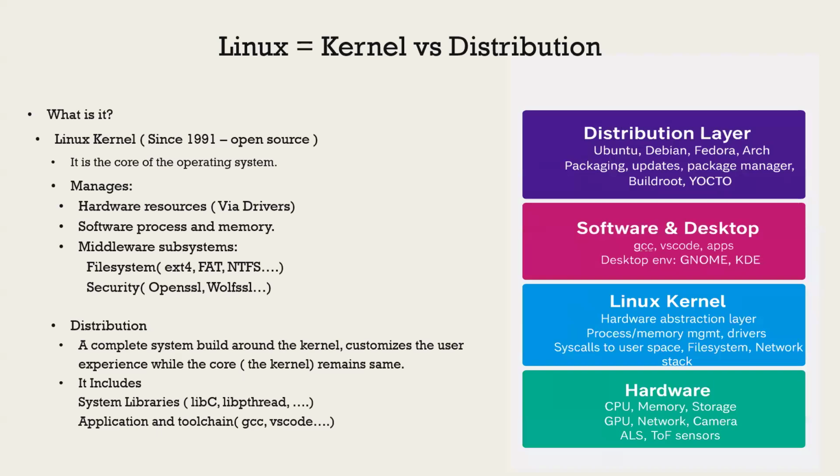So, for example, there is an embedded system, and in that, if you don't need USB 2, or you don't need Bluetooth, or you don't need Wi-Fi, you can disable all these features from the Linux kernel itself. That will help to make the system very lightweight.